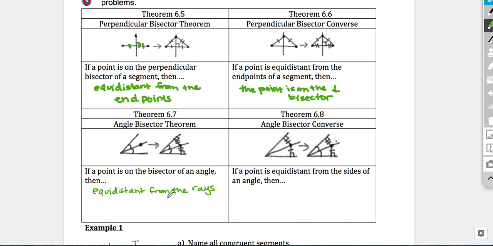So the sides of the angle are called rays. So the converse: if it is equidistant from the sides, then the point is on the angle bisector.